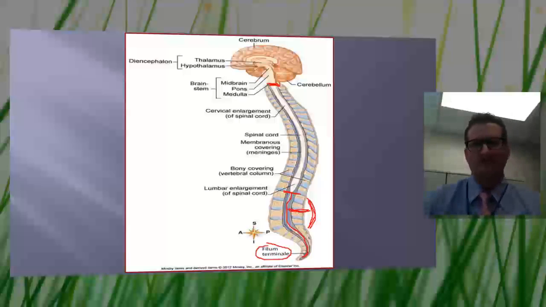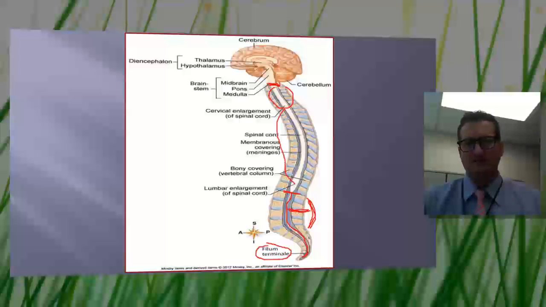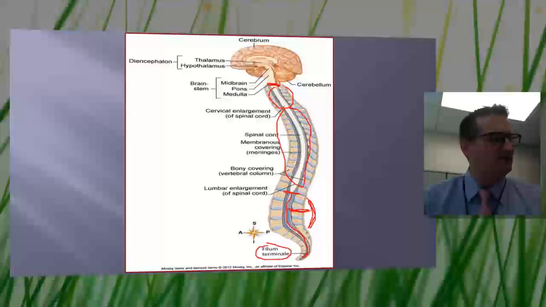Nerves from the cervical region here innervate the chest, head, neck, shoulders, arms, hands, and the diaphragm. Nerves from the thoracic region, which is here, extend to the intercostal muscles of the rib cage, the abdominal muscles, and the back muscles.